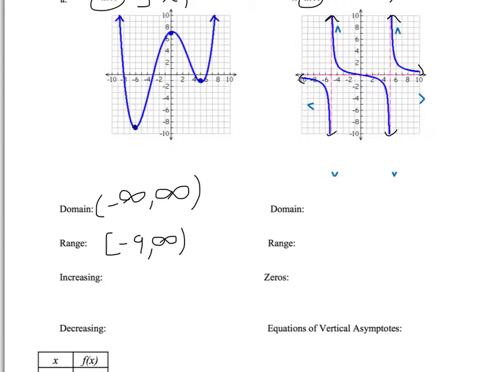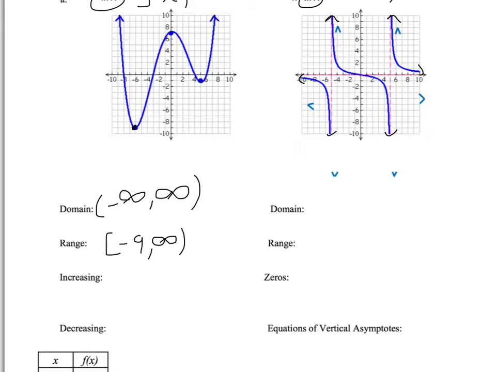Looking right there, there's the absolute minimum y value, and every y value greater than or equal to -9 is represented. Now for increasing, remember we're talking about being at a point on the graph and moving from left to right, and asking what the y values are doing.